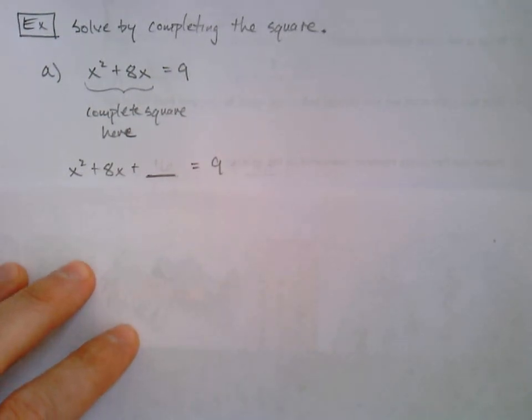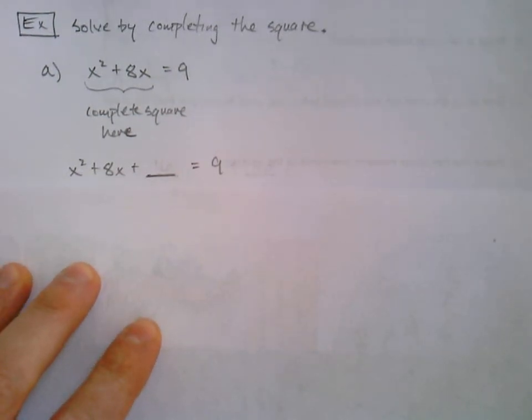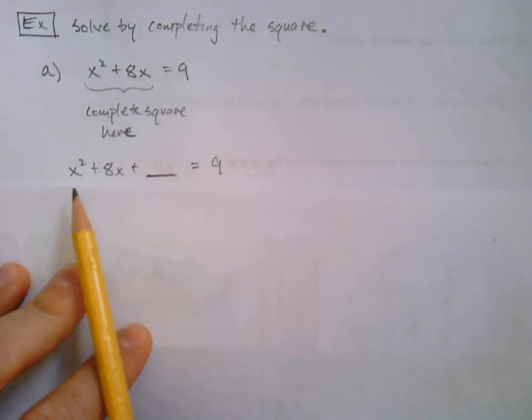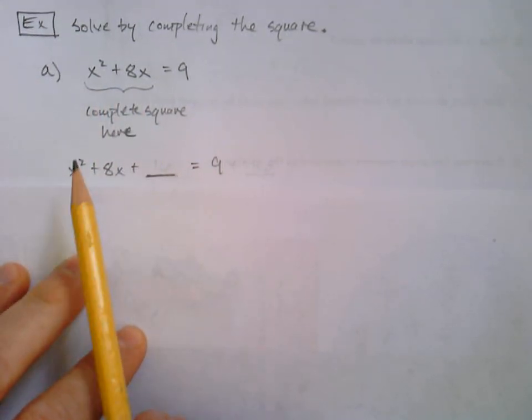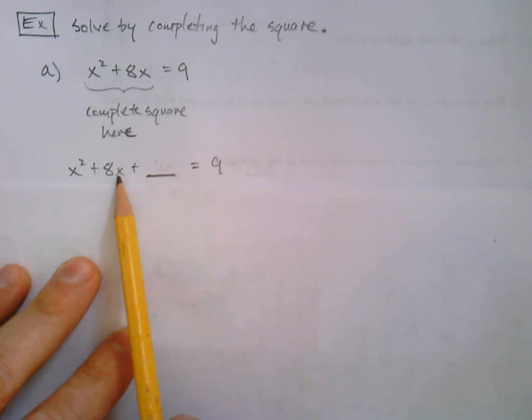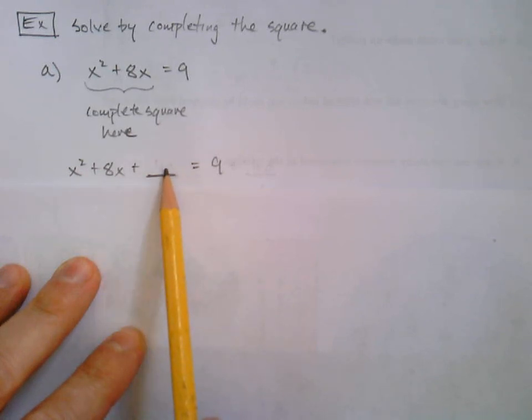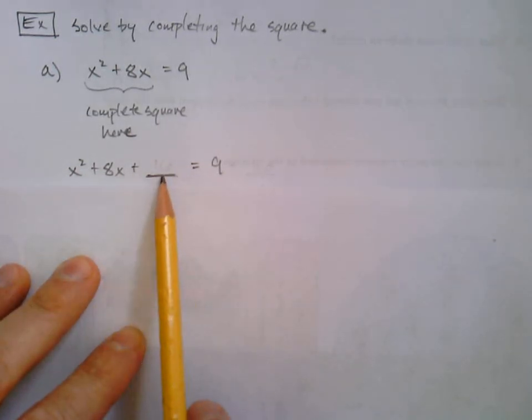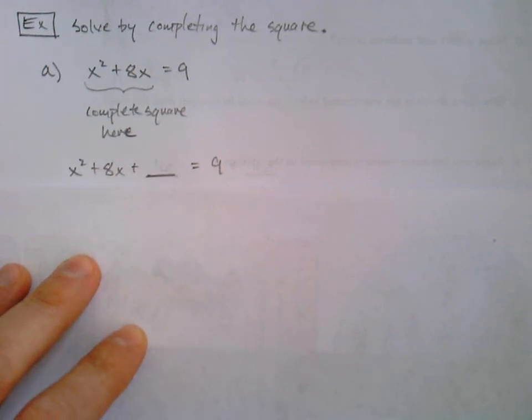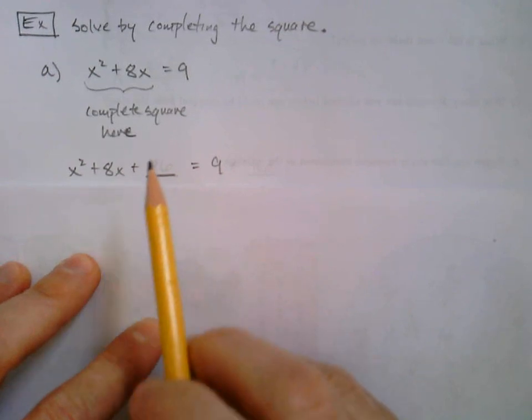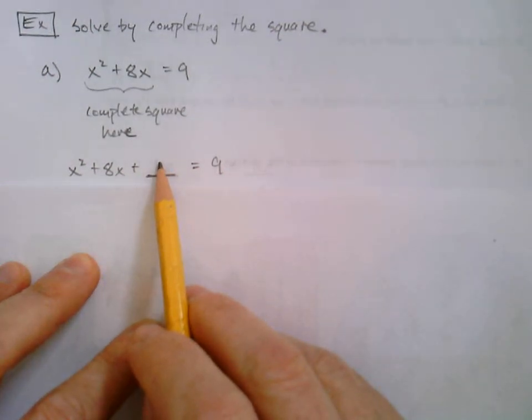I'm going to think of it this way. For the x squared plus 8x, I want it to look like x squared plus 8x plus something. And I fill in that blank the same way we did those last examples. So, what should go in the blank?